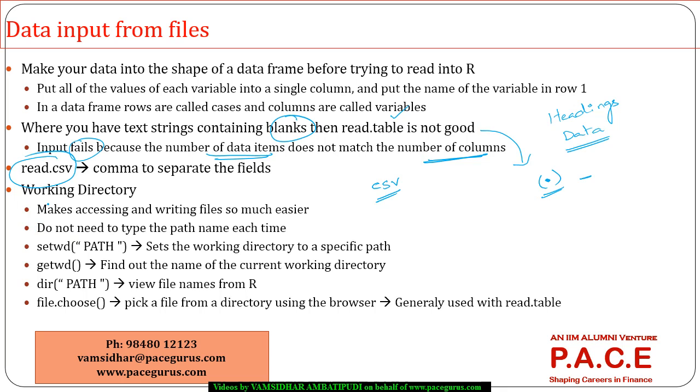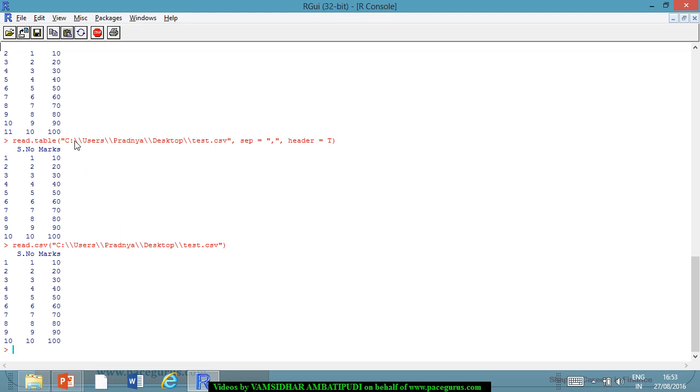Then the next aspect that we are talking of here is working directory. So working directory makes accessing and writing the files so much easier, because every time I don't need to give the full path. If you see here, this is my full path of the file.